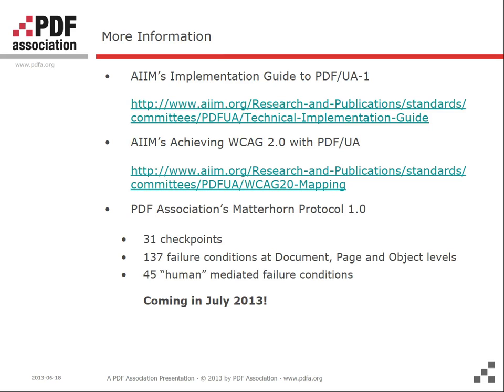Likewise, if what's important to you is WCAG 2.0, the same committee has produced a document that allows you to understand how to achieve WCAG 2.0 using PDF/UA. And of course, we in the PDF Association PDF/UA Competence Center are very excited about our forthcoming publication of the Matterhorn Protocol 1.0, which is intended specifically to help implementers evolve ways to check the documents or PDF files being produced to ascertain whether or not they're sufficiently accessible.